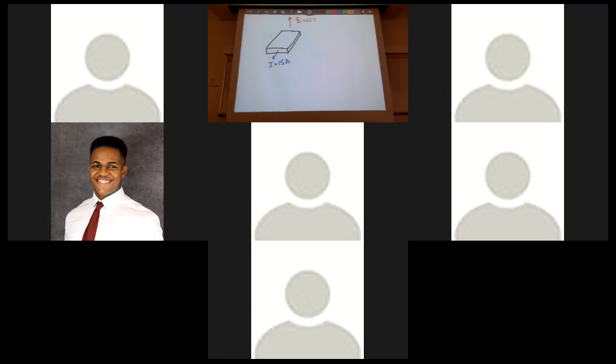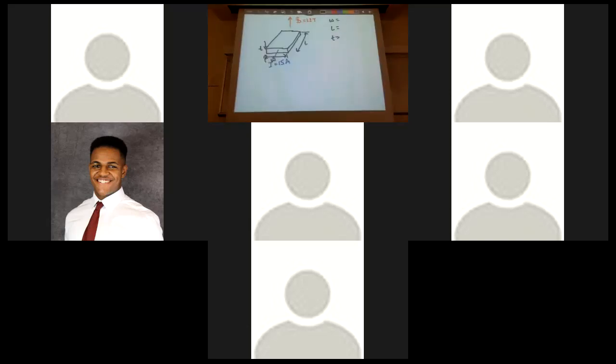And this thing has a width and a length. So this is the length, L, and this here is the width, W. Also the thickness. The thickness is this direction, so let's call that little t. We're told the width is 1.8 centimeters and the thickness is 1 millimeter.